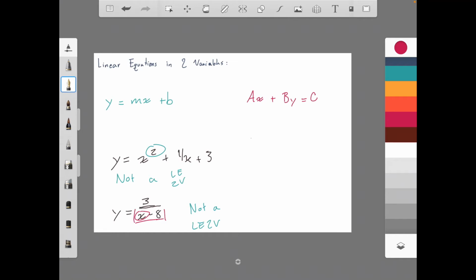Now I'm going to talk about graphing linear equations with this type of equations that contain two variables.